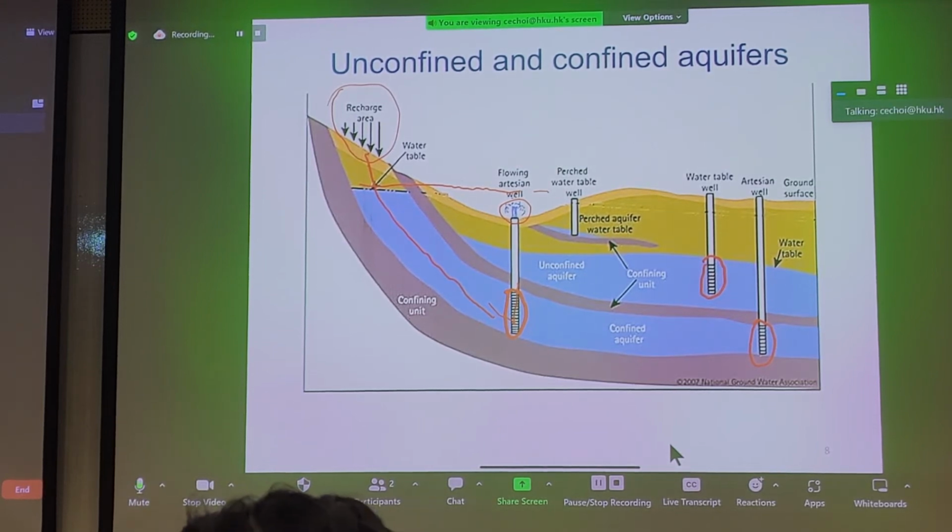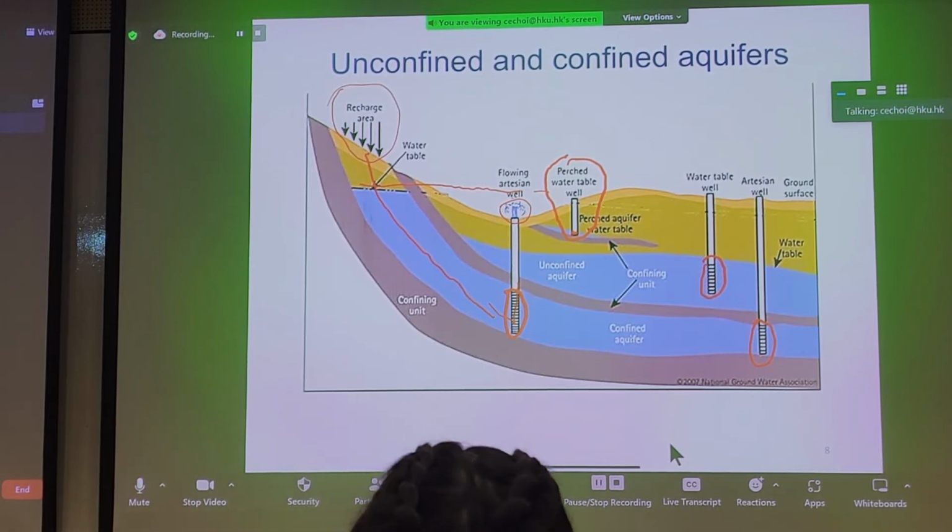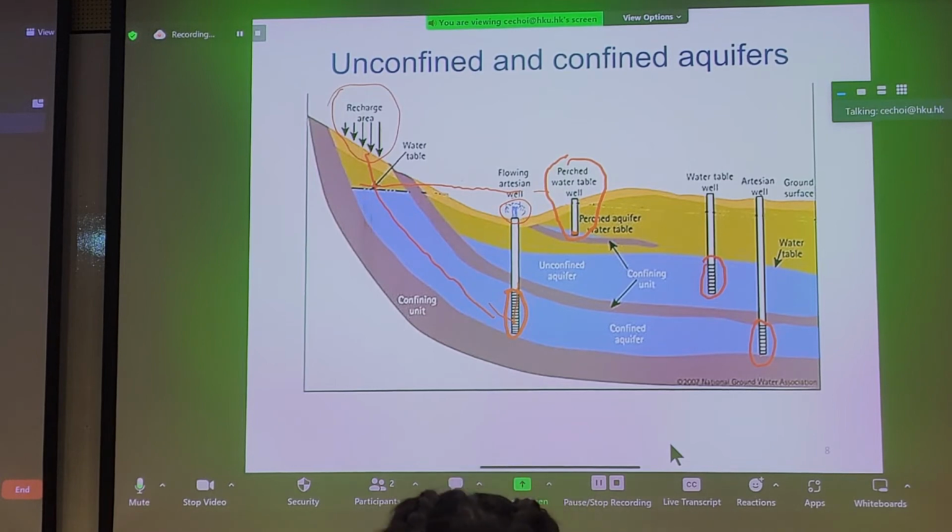So that's what happens if you have a piezometer with its tip installed inside a confined aquifer. You can also have just the most simple case where you have the tip of your piezometer here on some perched water table, where it just sits on top of a piece of relatively impervious material.